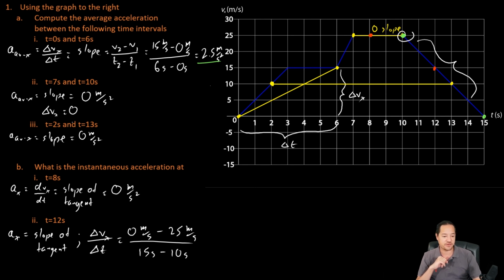Okay, for these 2 green points that I put down right over there. And so if we do the math here, this is going to be negative 25 meters per second over 5 seconds. And so this looks like it comes out to be negative 5 meters per second squared. And so that's going to be our acceleration at t equals 12 seconds, our instantaneous acceleration.